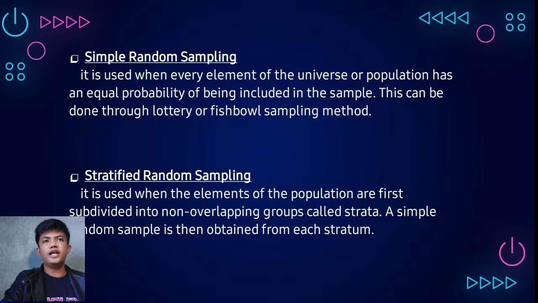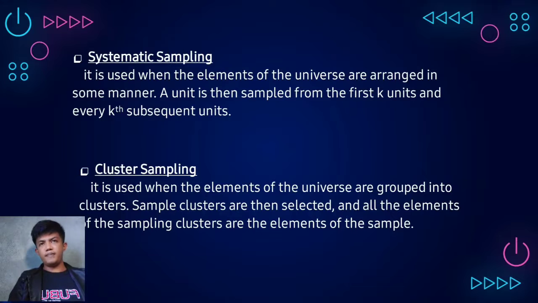Then next is the stratified random sampling. It is used when the elements of the population are first subdivided into non-overlapping groups called strata. A simple random sample is then obtained from each stratum. Next is the systematic sampling. It is used when the elements of the universe are arranged in some manner.